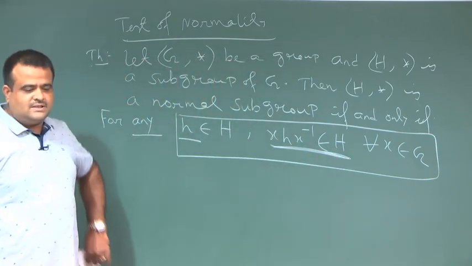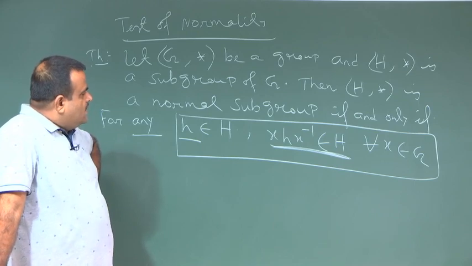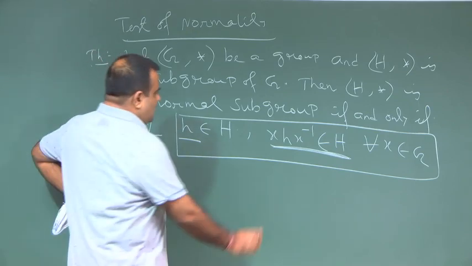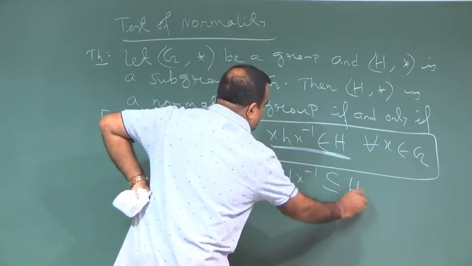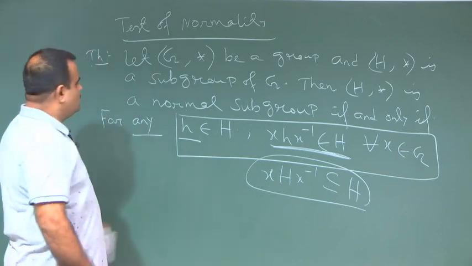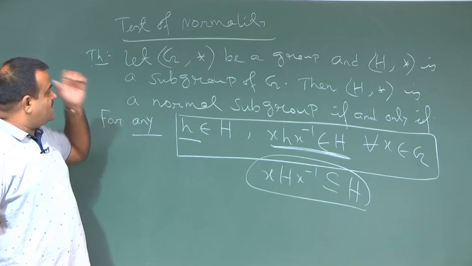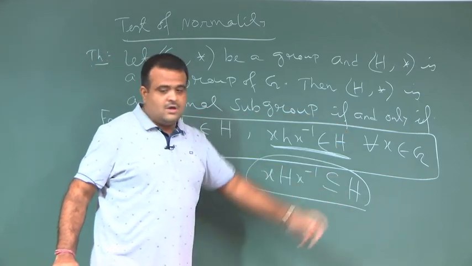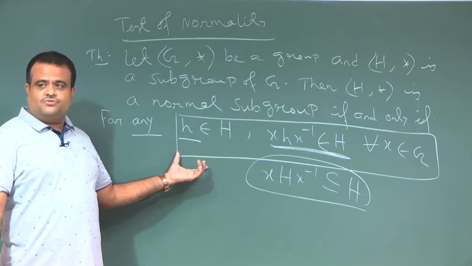That means x H x inverse is a subset of H. This we have to prove; this is the statement of the theorem, a necessary and sufficient condition, so it has two parts, an if and only if. If H is a normal subgroup, then this condition must be true.